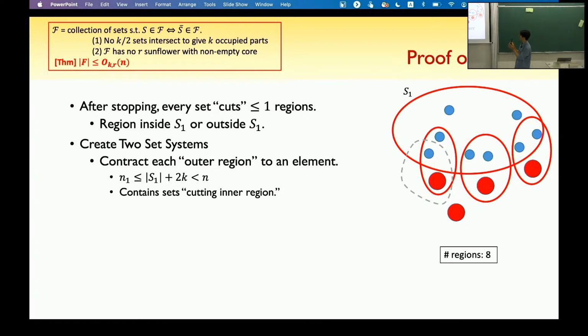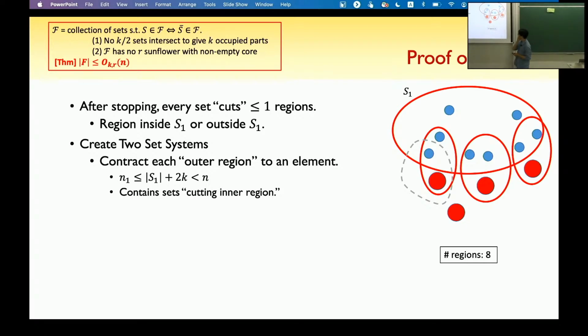This is the first set system. If you look at the number of elements in the first set system, n1 is at most the number of elements in S1, because we didn't do anything for them, plus the number of outer regions out of S1. Since we assume that the size of S1 is intermediate, less than n minus 5k or so, we know that n1 is strictly less than n.